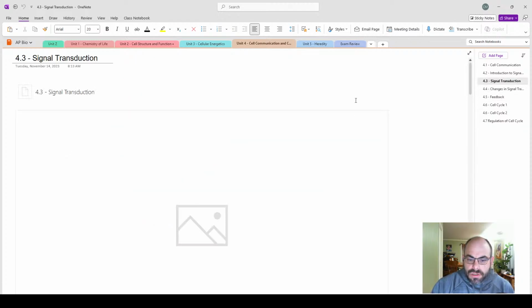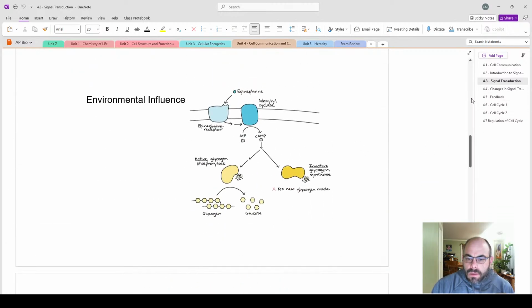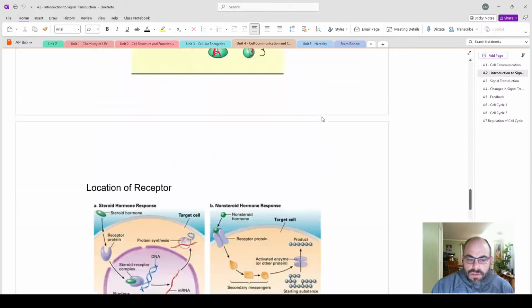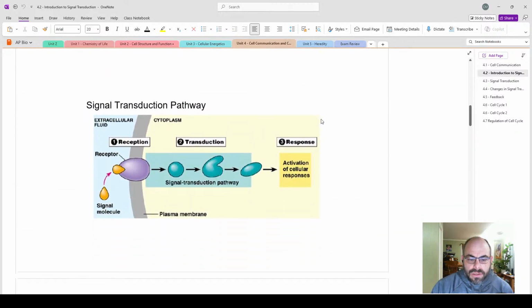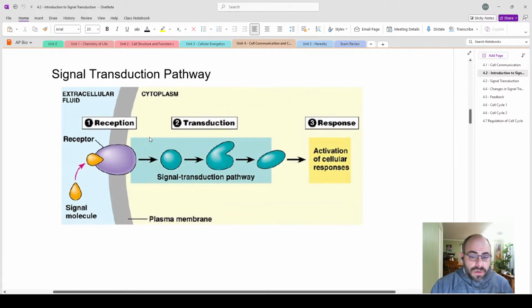Signal transduction. What do you have to know about that? First of all, let's go to this simple picture right here. It's 3 stages, right? Reception, transduction, response. Reception is literally very simple.